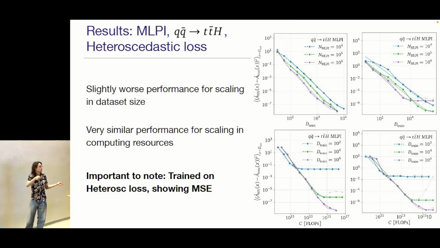But again, basically the same, slightly worse. And here you see this weird behavior. This is again because the learning rates were not well optimized. We are working on fixing that.